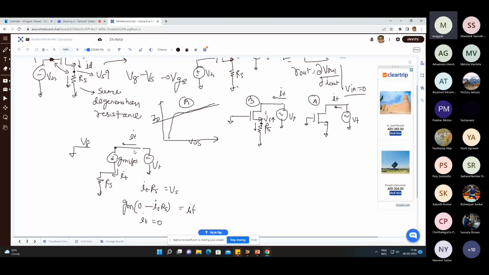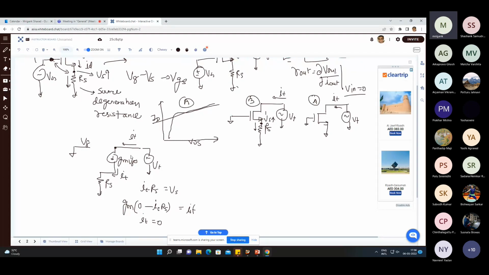And that is obvious, because you have ignored the channel length modulation. If there is no channel length modulation, changing the drain voltage is not going to have any effect on the channel, and it is not going to change the drain to source current.